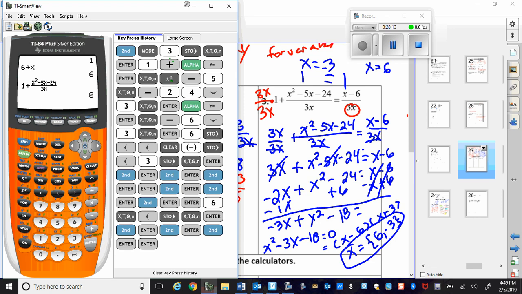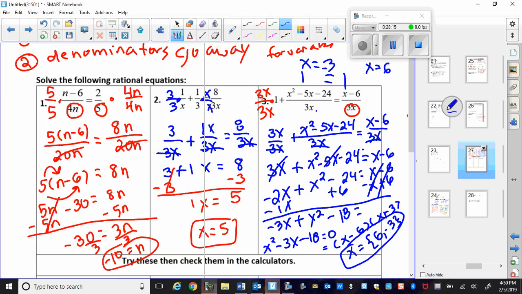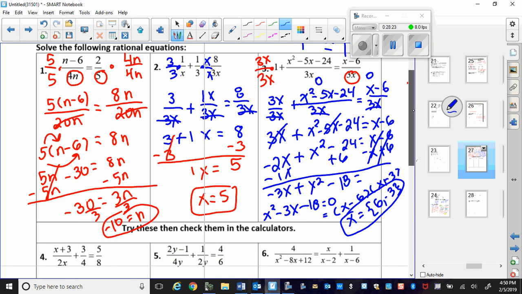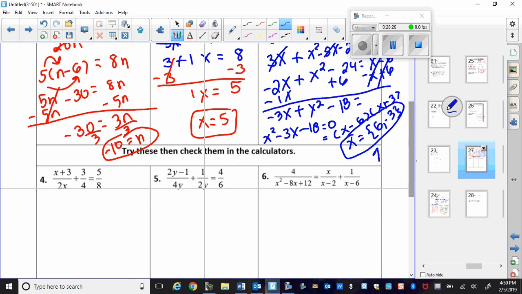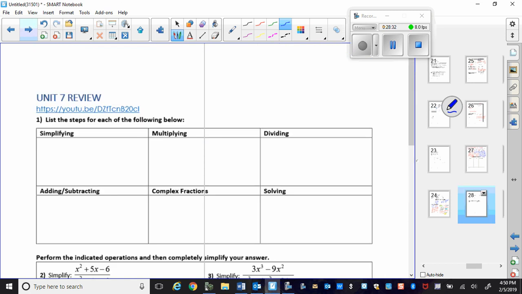I get 0 on the left, and then I get 0 on the right. Okay? So both of these answers work. So my final answer here is literally that set of values.